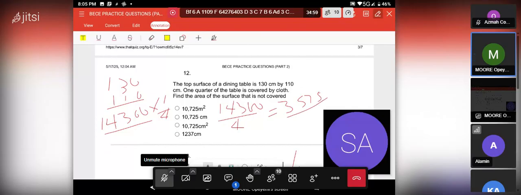Yes, sir. Now they say find the area of the surface that is not covered. All you need to do now is take the total area, 14,300, minus the area that is covered, which is 3,575. Now do the subtraction. What do you get? 10,725.